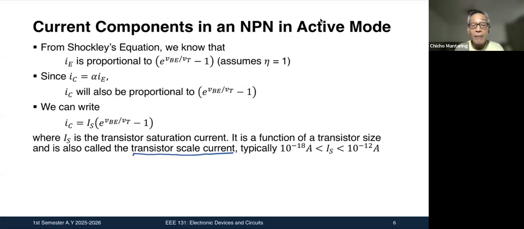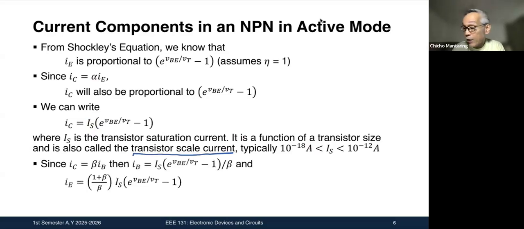More accurately, it is a function of the surface area of the emitter base junction. So typically for transistors, that will be in the range of 10 to the minus 18 amperes to 10 to the minus 12 amperes. So notice, it is a very small value. This I sub S is a very small value.